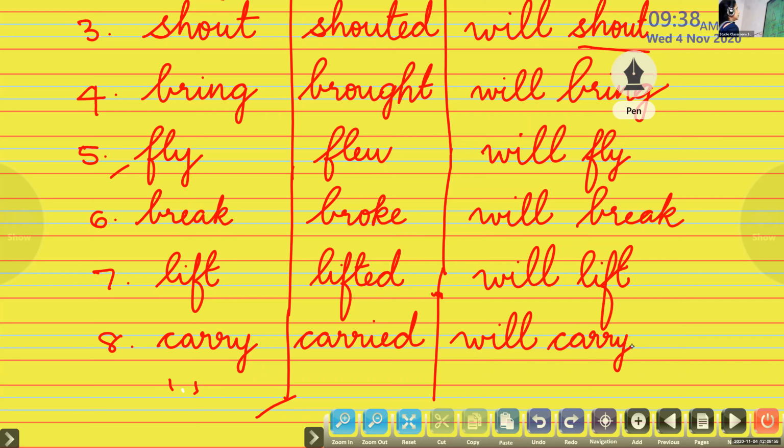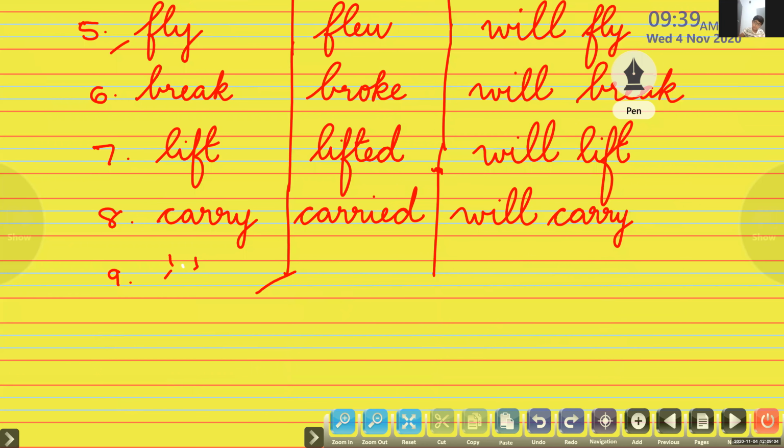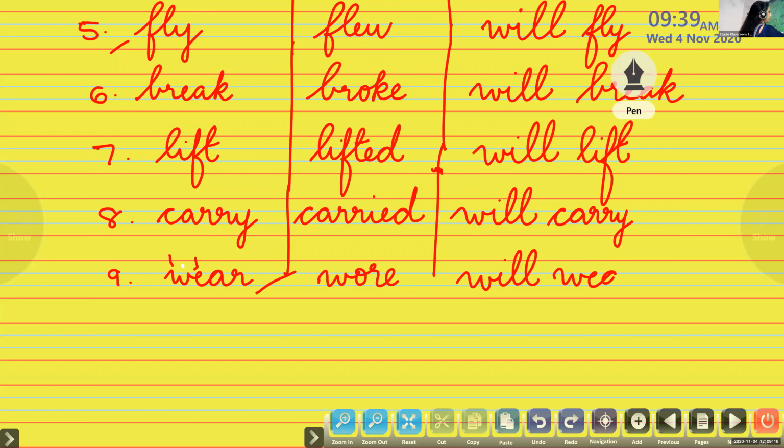Please do write it. And the ninth word is wear. We have to write here wear, W-E-A-R. The past tense form of wear is wore, W-O-R-E. And the future tense form of wear is will wear. Okay?